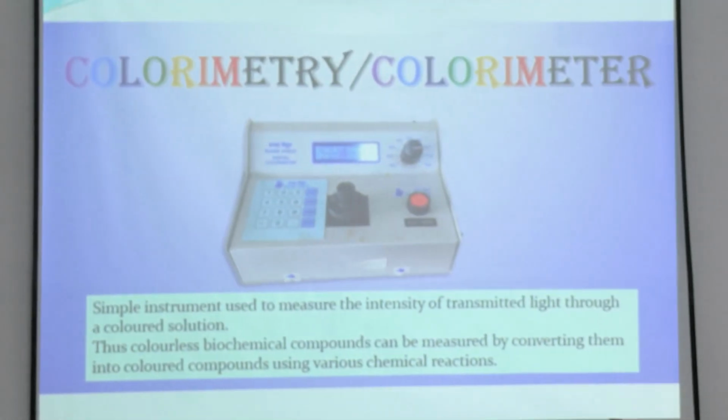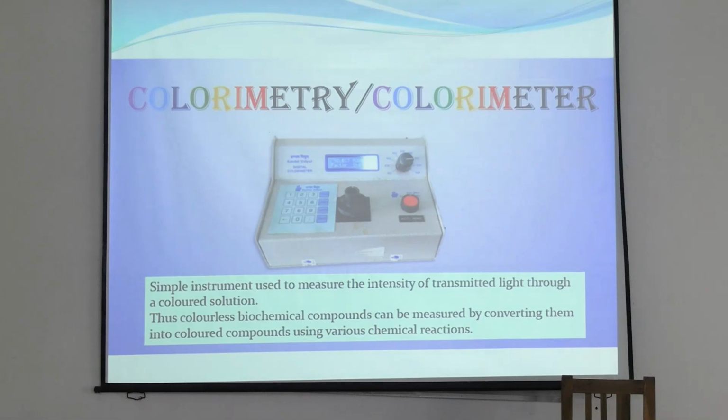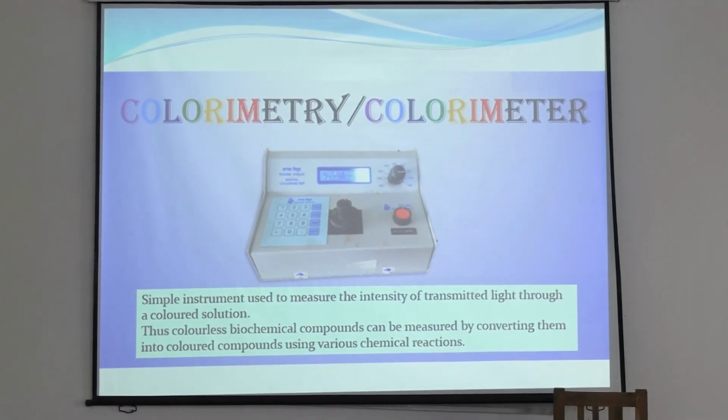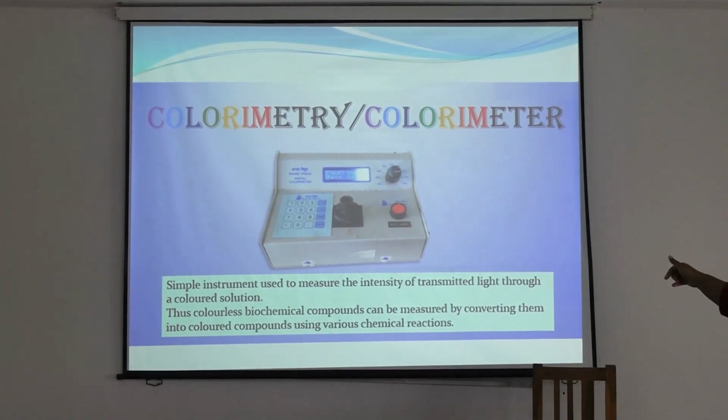Now coming to colorimeter. So this is the colorimeter instrument, you all have seen it in our spotter room. Okay, so what are the external parts? First of all, there is a digital display right at the top. Then a wheel. What is the use of the wheel? To change the wavelengths.